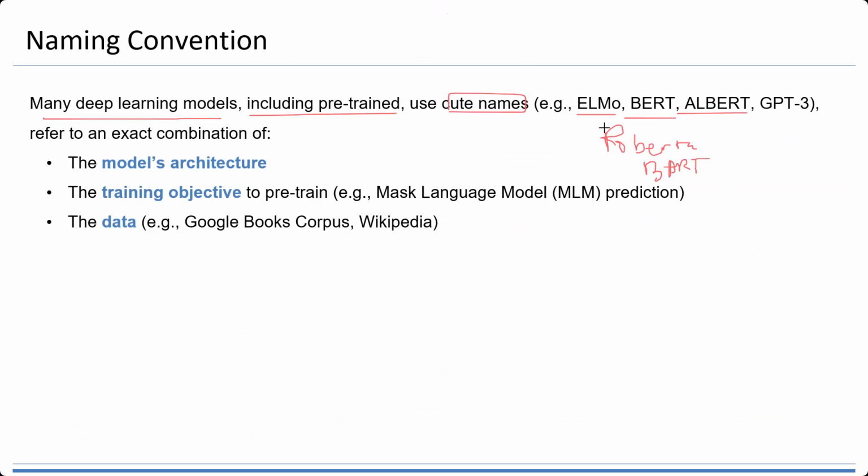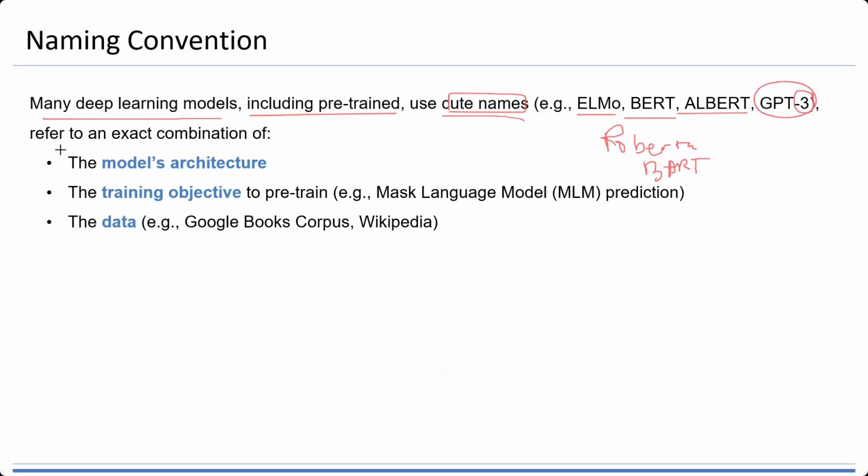They try to use cute names to make it easy for people to understand. For GPT, they have numbers to indicate the development stage. We have GPT-1, GPT-2, GPT-3, GPT-4, and maybe next year there will be GPT-5 and so on.